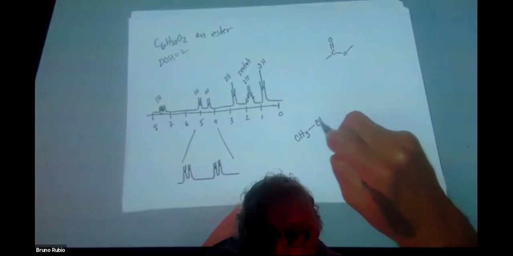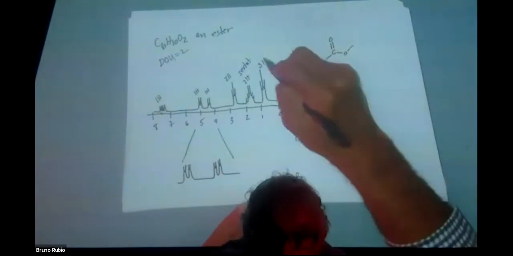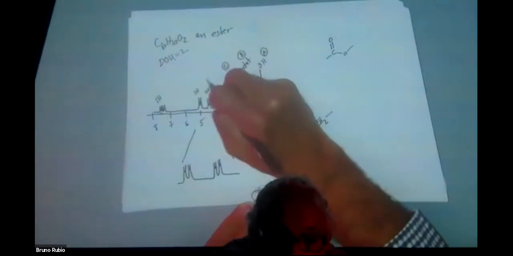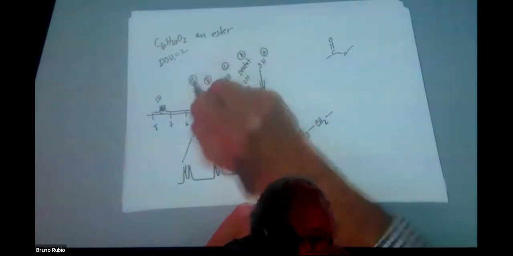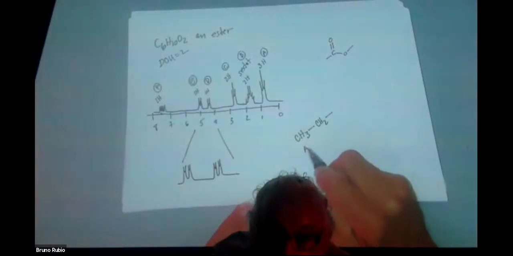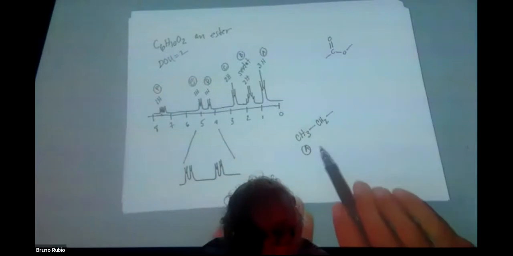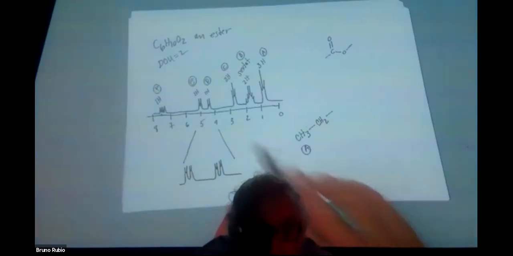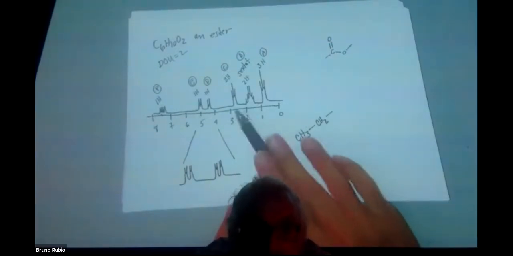The neighbor must be CH2, right? I'm calling him A, I'm calling him B, C, D, E, and F. So this guy here, I guess he's A. All right, and so now he's sitting next to a CH2. Is there a 2 hydrogen signal somewhere in the spectrum? There is, there are 2 of them, right?